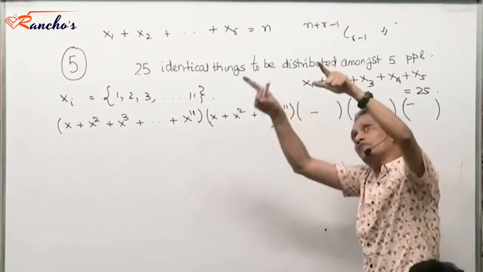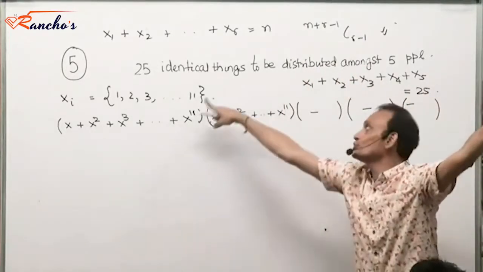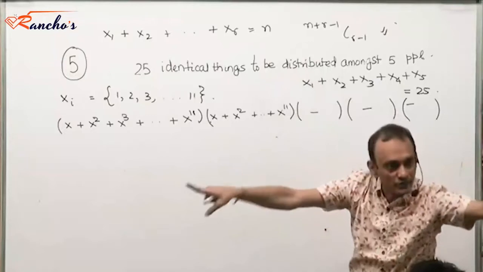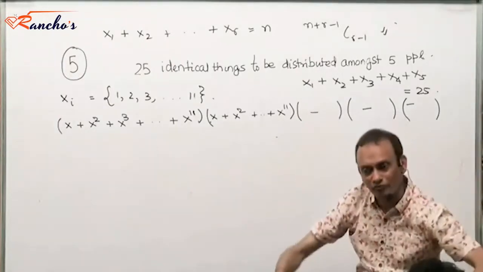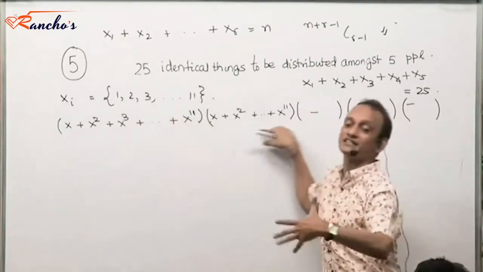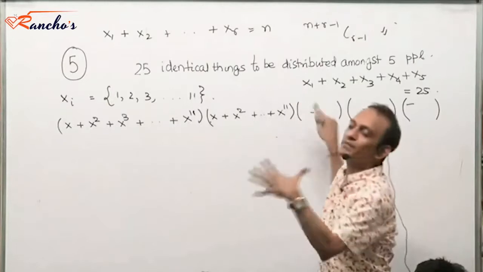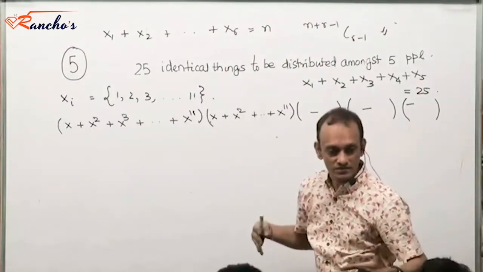That means every time you get an x power 25, that will be one solution to that equation. And the number of times you get x power 25 will give me the number of solutions to that equation given this constraint, because that constraint is built into the manner in which we have built the polynomials, right?